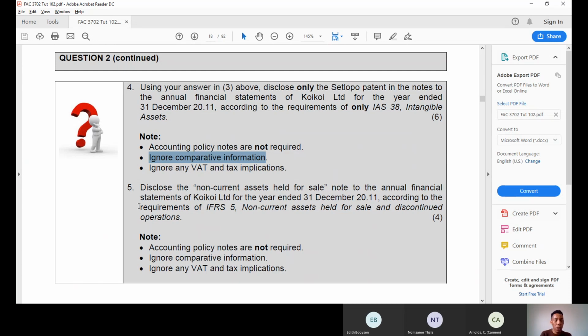Now you would have asserted in the scenario that there was an item that came from intangible assets and should have been transferred into an IFRS 5 non-current asset held for sale type of item, right? And there's a reason why in number 5 they're asking for that specific note.